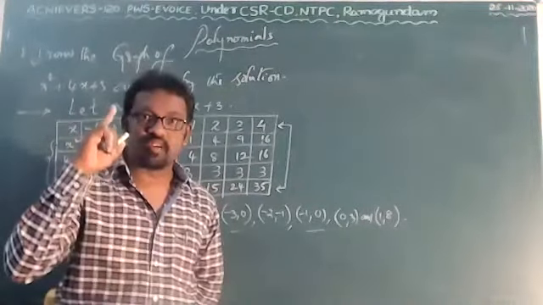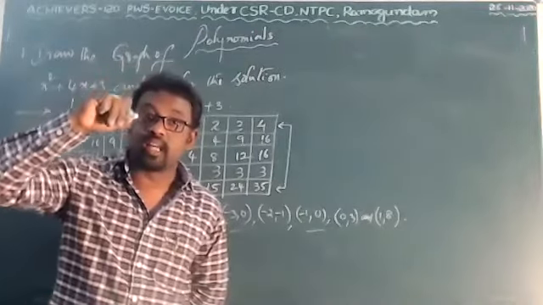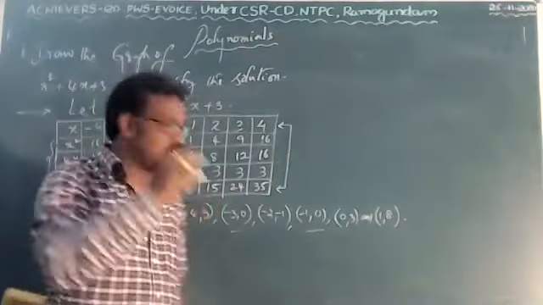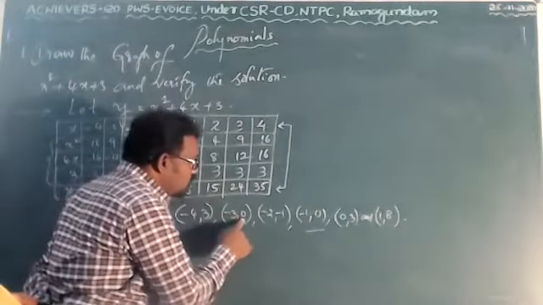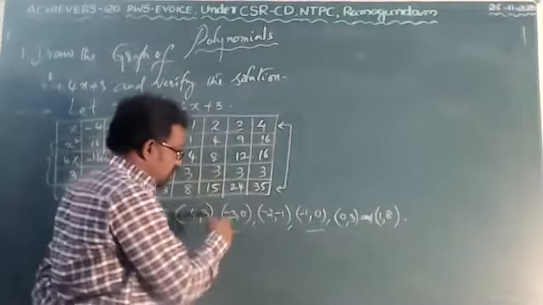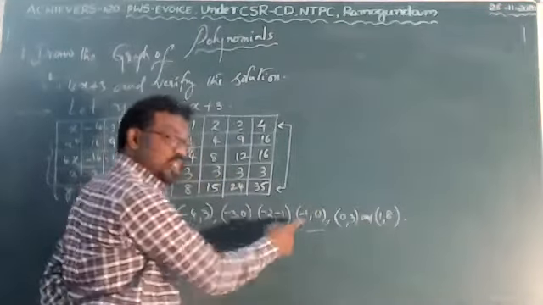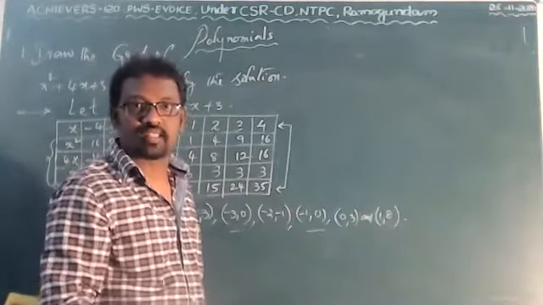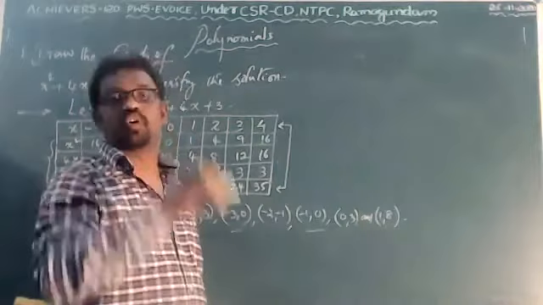In graphs, as I said, the zeros are where the curve intersects the x-axis. This is the x-axis. Y value 0. So -3 and -1 are the answers, the zeros of the polynomial.